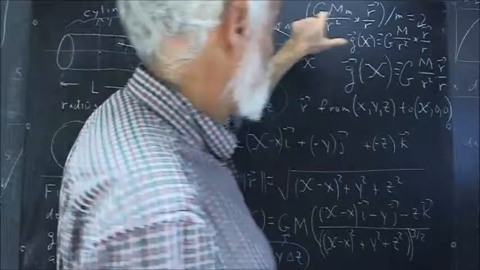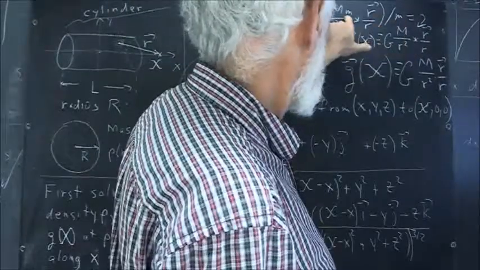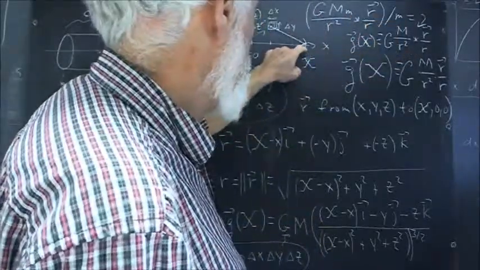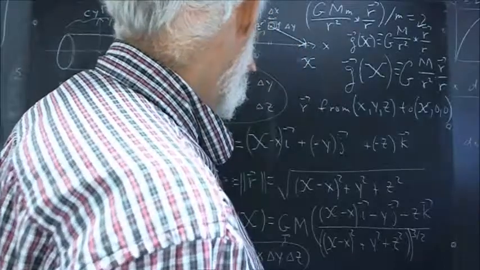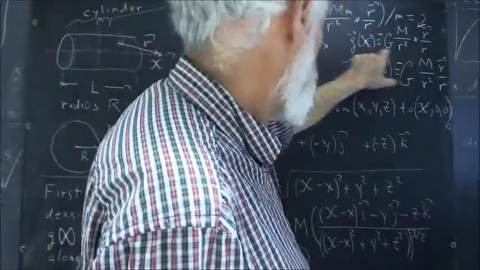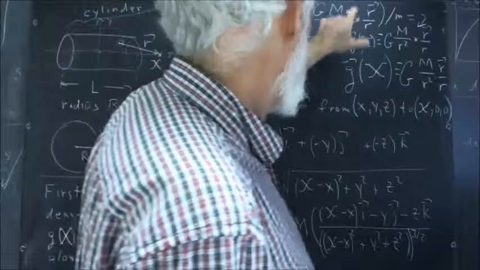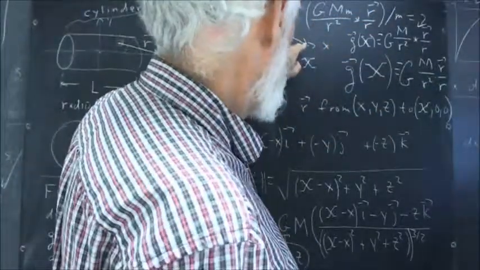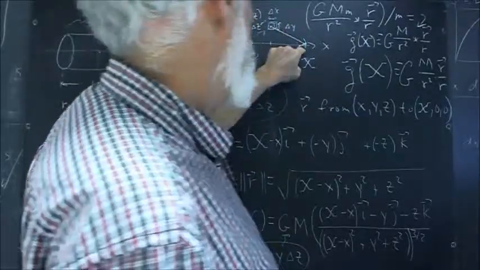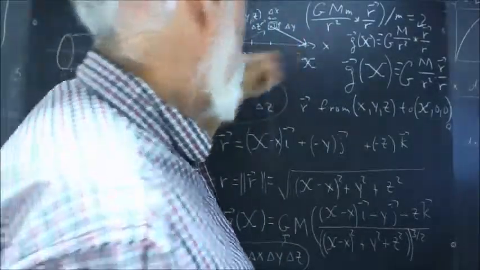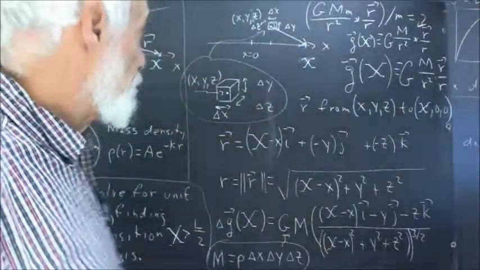That's the gravitational force. We divide that by the mass little m that we considered to be at the point big X, and we get the acceleration of gravity at that point, just force divided by mass. So we just divide out whatever mass we might want to put at this point, and we get the gravitational field at that point. That should be a concept you're familiar with.